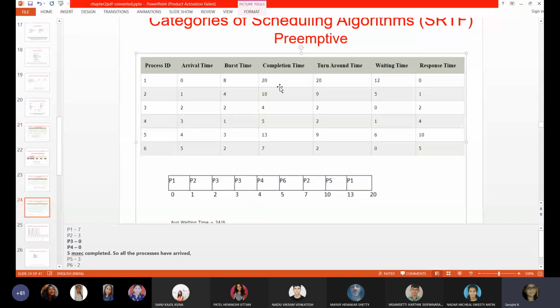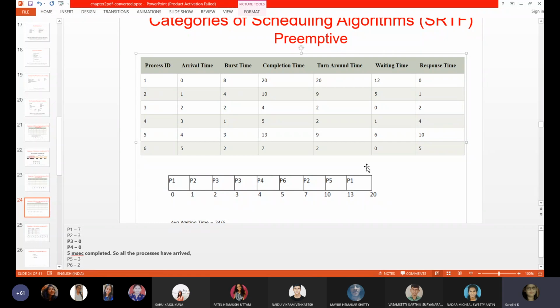In preemptive, completion time depends on the last occurrence, so it considers only the last occurrence. None of these values show the first occurrence, so the response time is added in a preemptive algorithm.